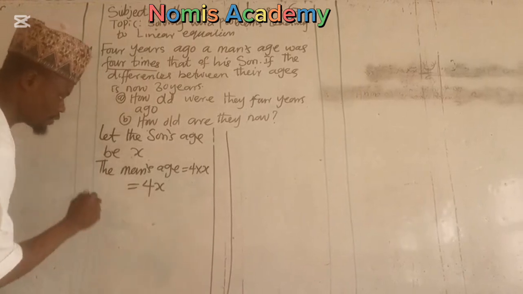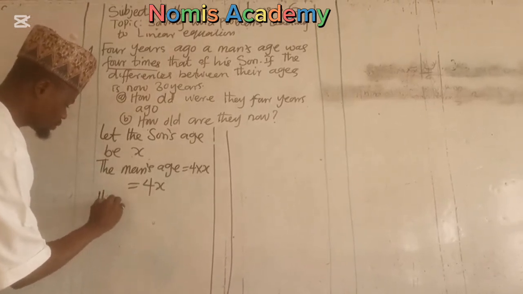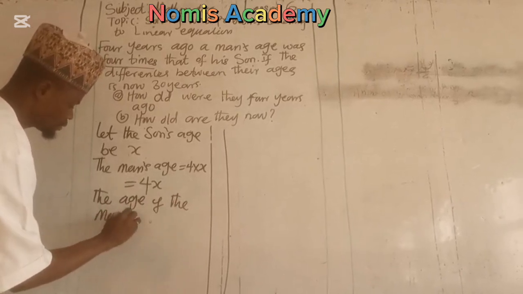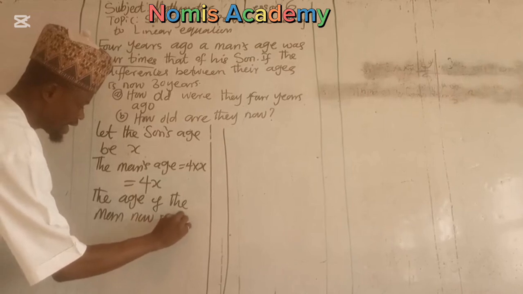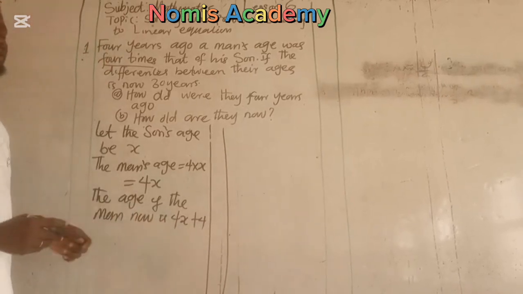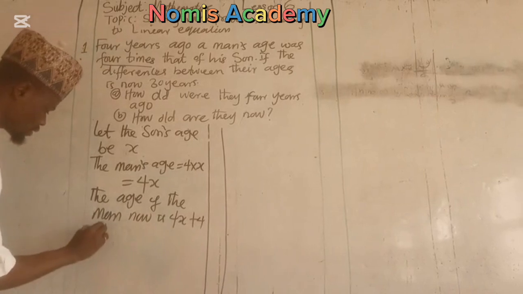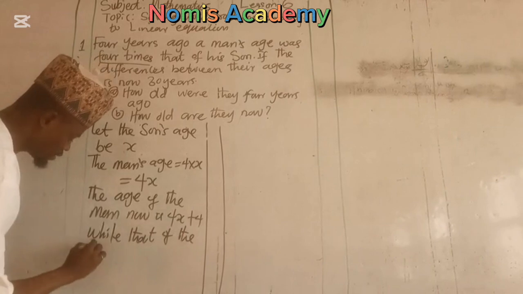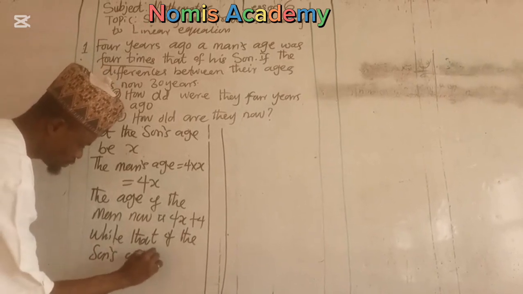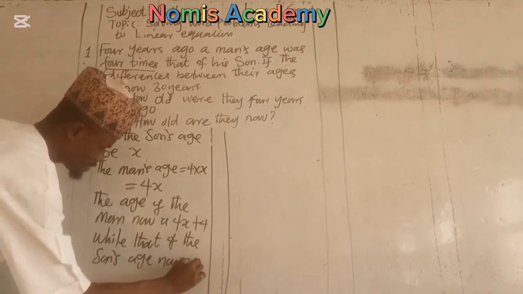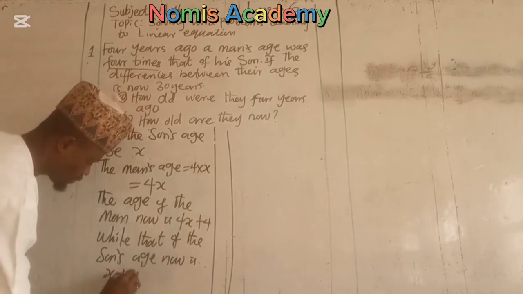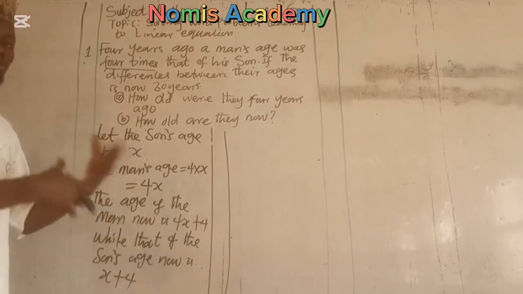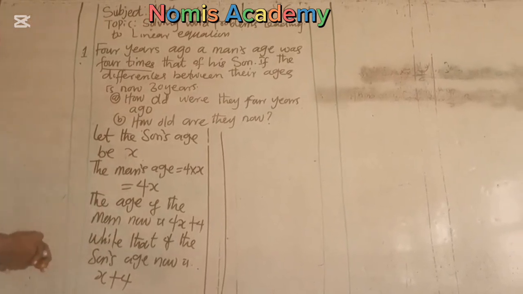The age of the man now is 4S plus 4, because 4S was 4 years ago. And the son's age now is S plus 4. This was their age 4 years ago, but we are talking about now. Their age has an additional 4 because there are extra 4 years in their ages.